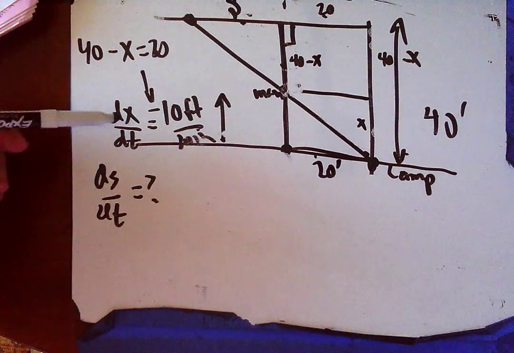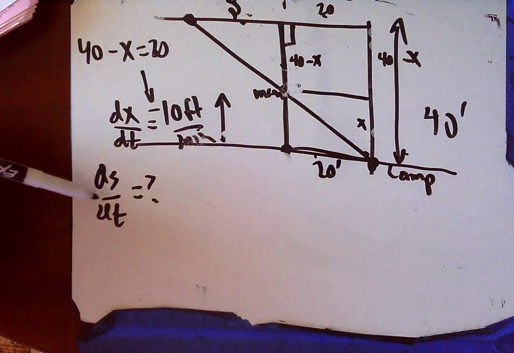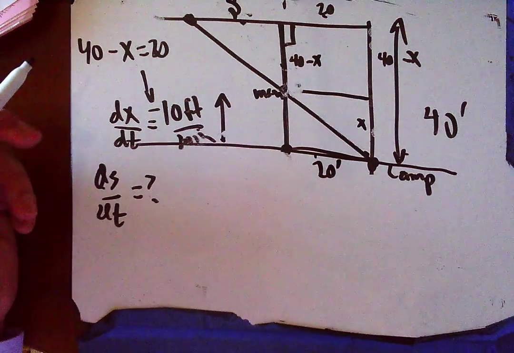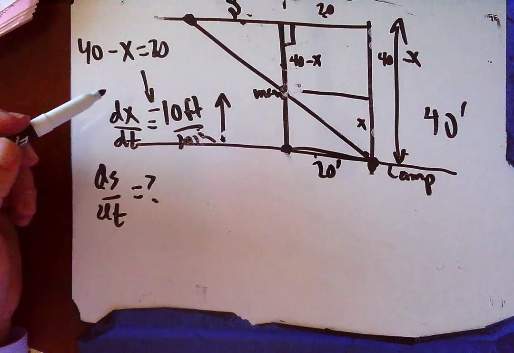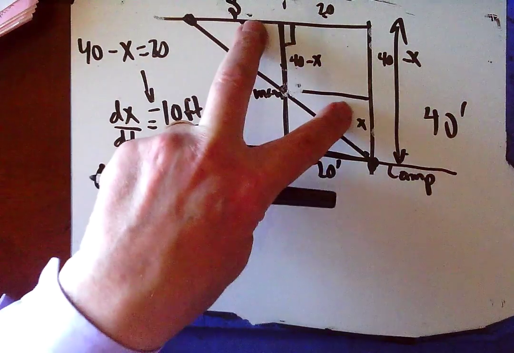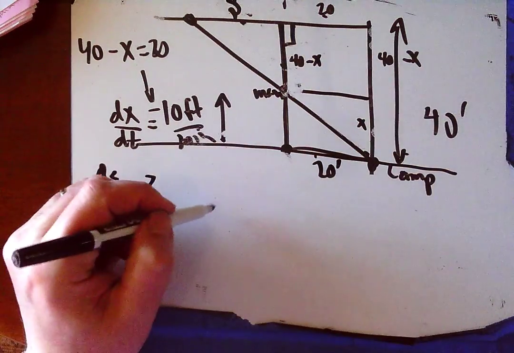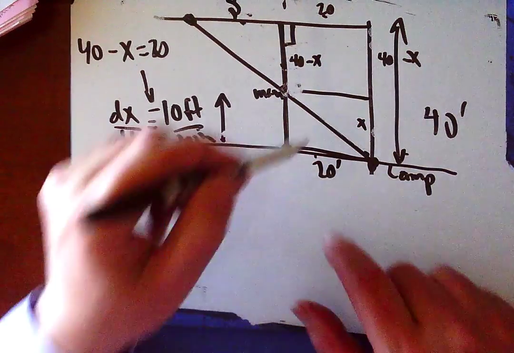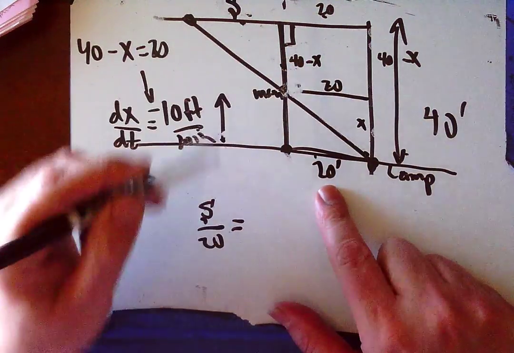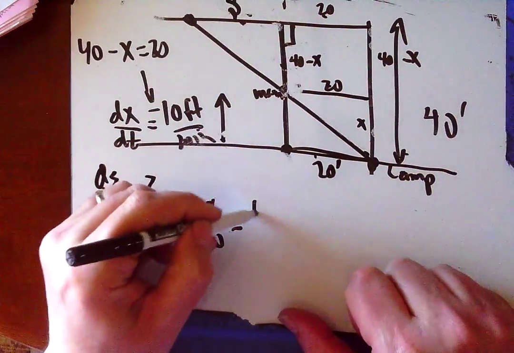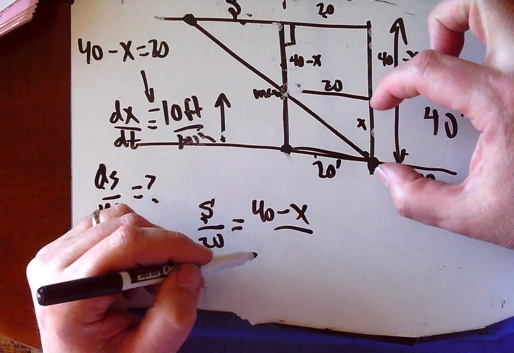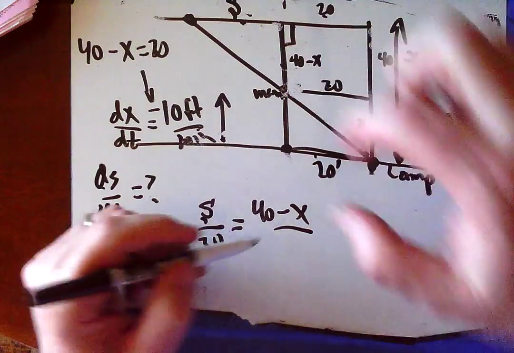Okay, so we're looking for a way to relate x's and s's, shadows and these distances. So what I see here is lots of different similar triangles. So for example, I see these similar triangles. And I could say s is to 20 as this 40 minus x is to x.